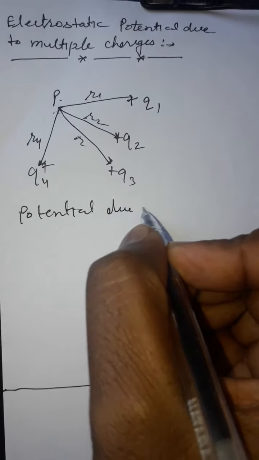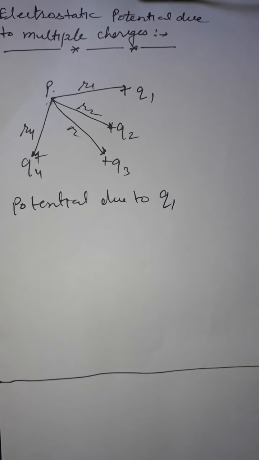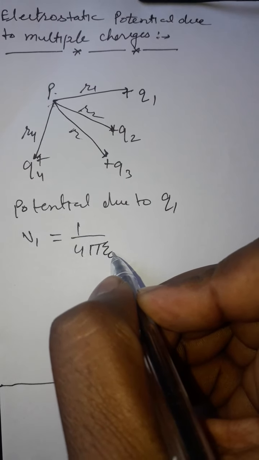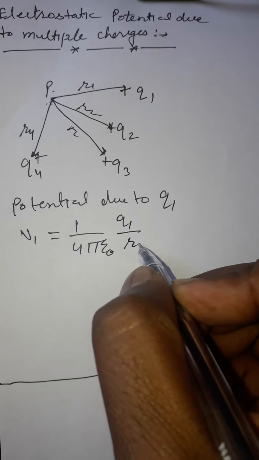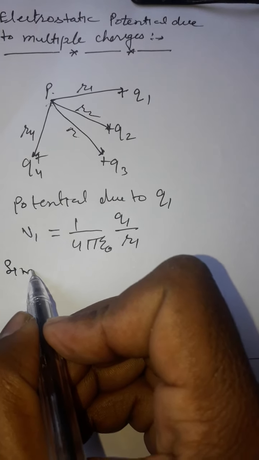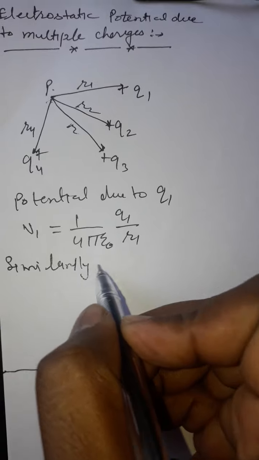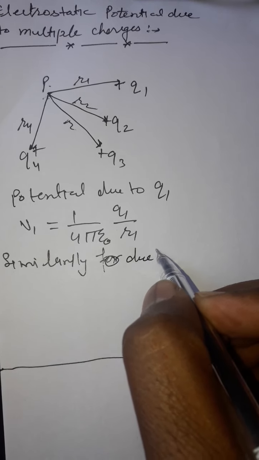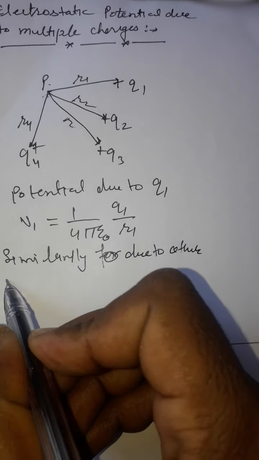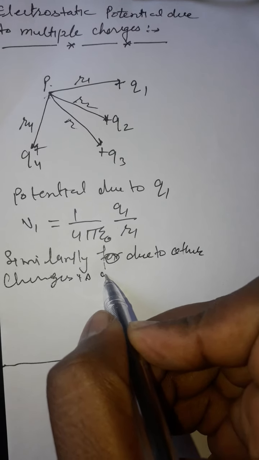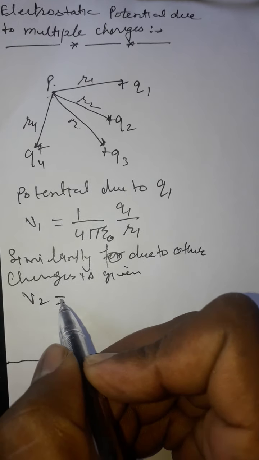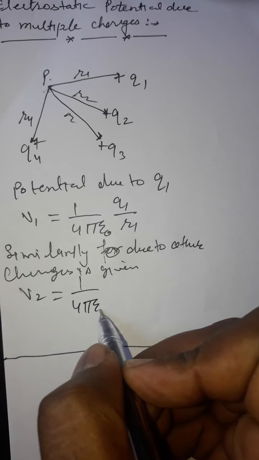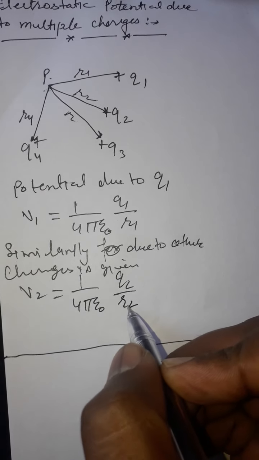Now, from the definition of electric potential, we know that at point P, the potential due to charge q1, say V1, is 1 by 4 pi epsilon naught Q1 upon R1. Similarly, for the other charges, V2 is equal to 1 by 4 pi epsilon naught Q2 upon R2.